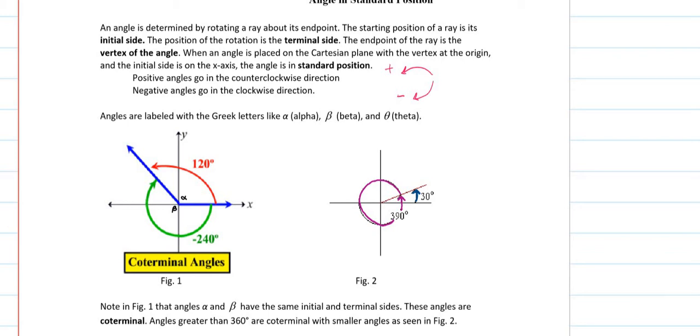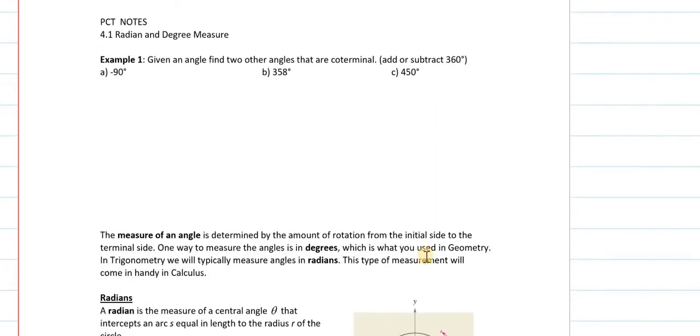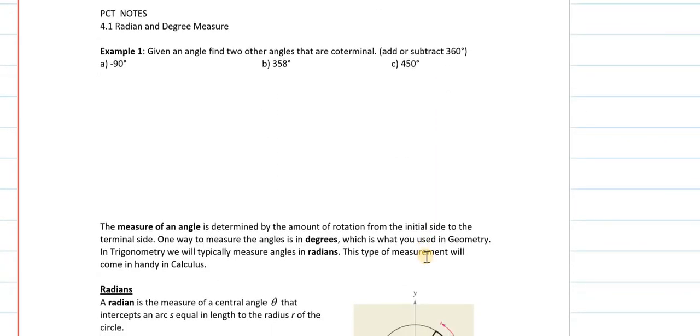Angles that are greater than 360 degrees are coterminal with smaller angles. So for example, here, this angle went all the way around at 390 degrees, and it's coterminal with an angle of just 30 degrees. So if we want to find other angles that are coterminal, we're going to add or subtract 360 degrees.